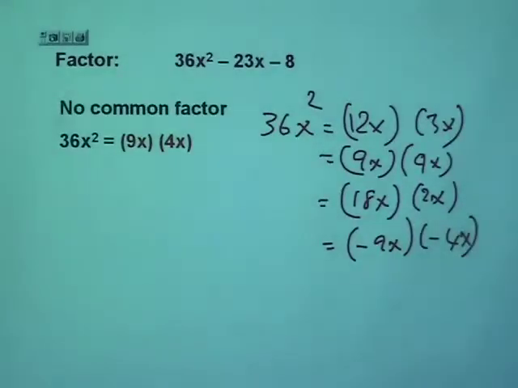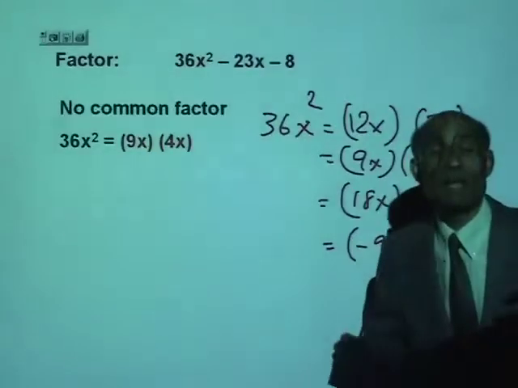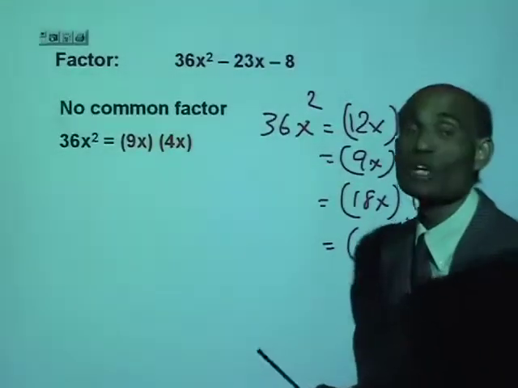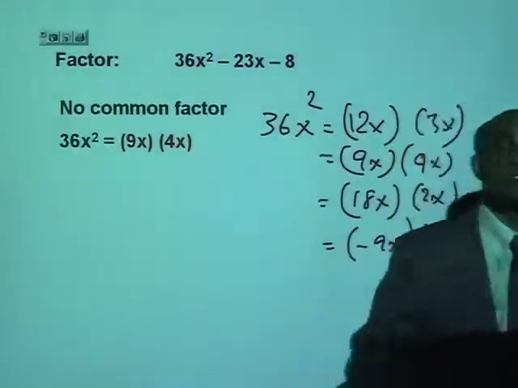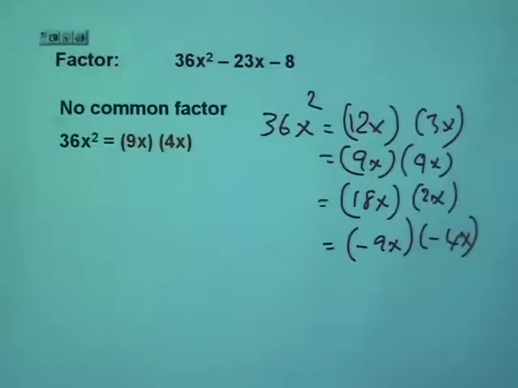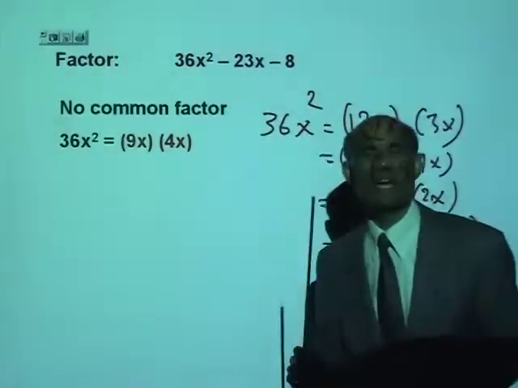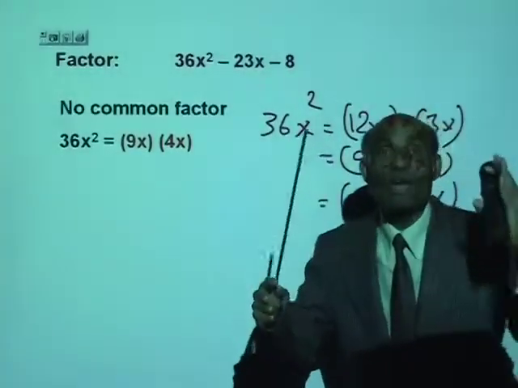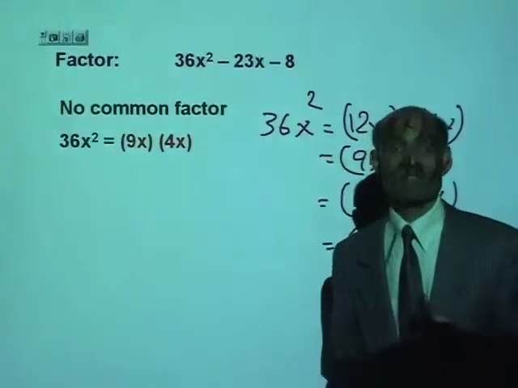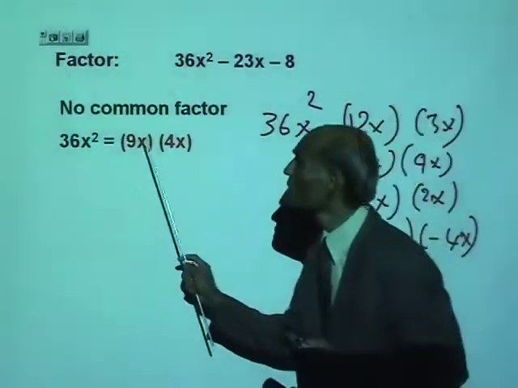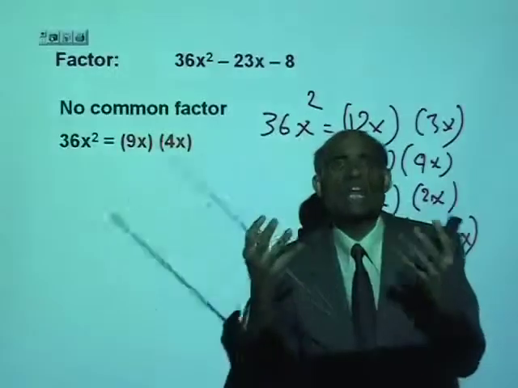There are many ways of factoring 36x squared, and this is what is going to introduce the difficulty level in factoring expressions like this. Well, the guiding principle there, you know that you need to follow a trial and error method. The guiding principle is choose the middle level factors.